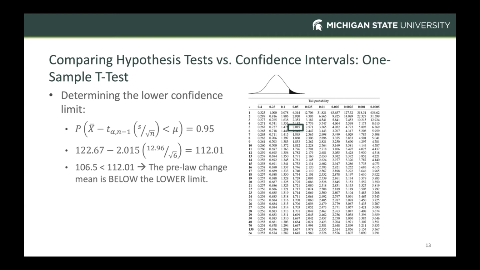We compare that 112.01 to the 106.5, and since this is a lower limit, again, we would expect that if the null were true, that 112.01 would capture the actual value we're comparing against, but in this case, the 106.5 actually falls below that lower limit. Consequently, we would come to the same conclusion as we would in the case of the hypothesis test, and we would then reject the null hypothesis. Okay?